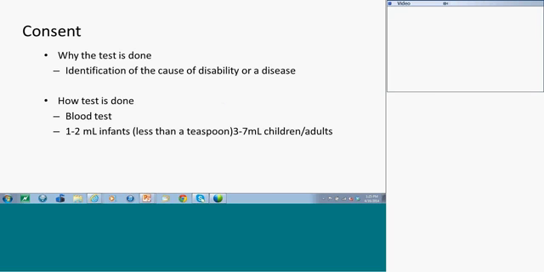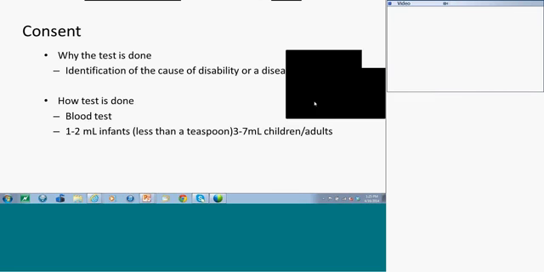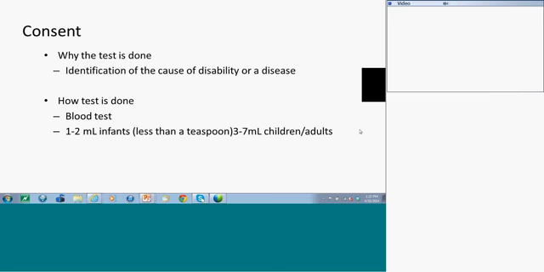The parents come back and ask me, okay, you took blood from me as well. Why is it that you're not giving me a report? The test is designed to find the cause of a disability or the disease for an affected person. It's not a screening test for healthy people. This is a very important part to understand, and this is part of the consent.